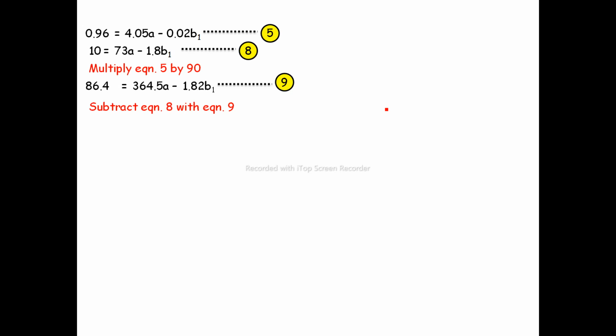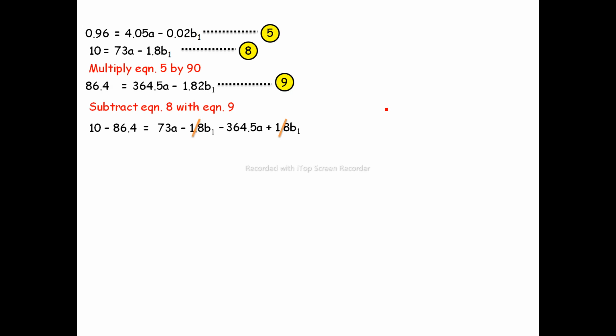We'll subtract equation number 9 from equation number 8. So 10 minus 86.4 equals the right hand side of equation number 8, 73a minus 1.8b1, minus equation number 9 written in the negative way, 364.5a, and next minus minus will become plus 1.8b1. So minus 1.8b1 and plus 1.8b1 will get cancelled off.